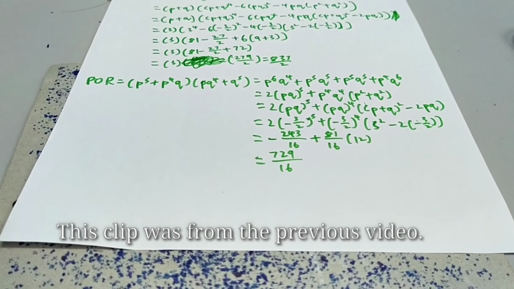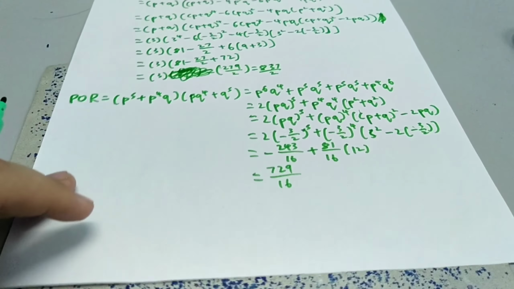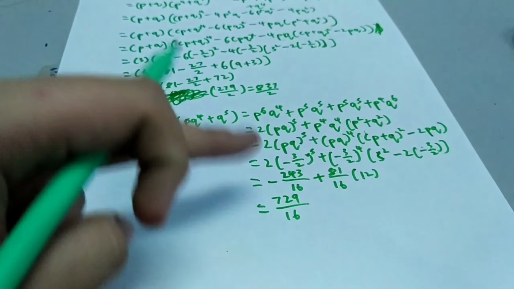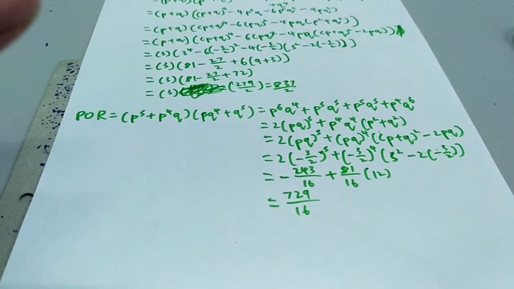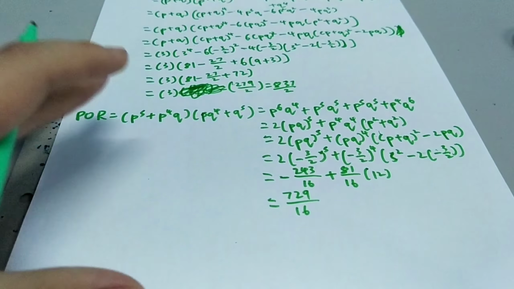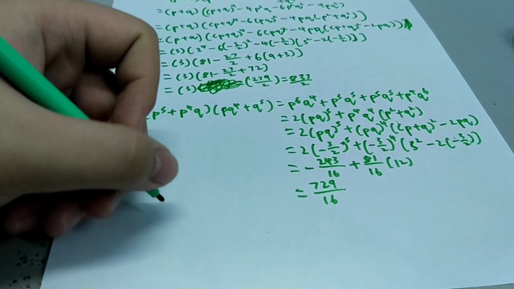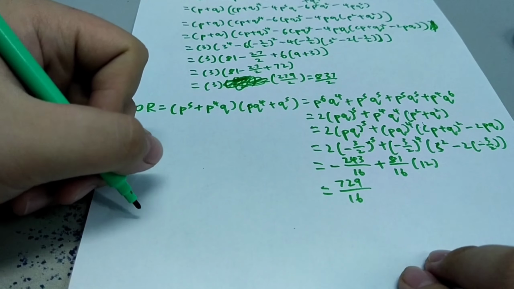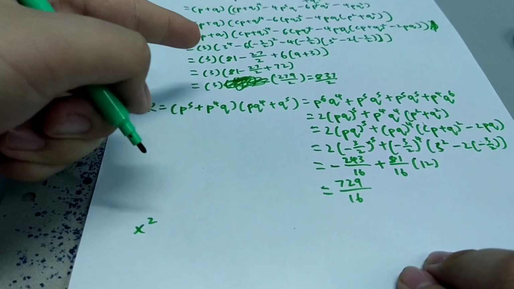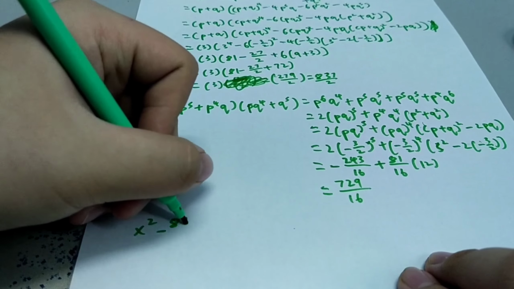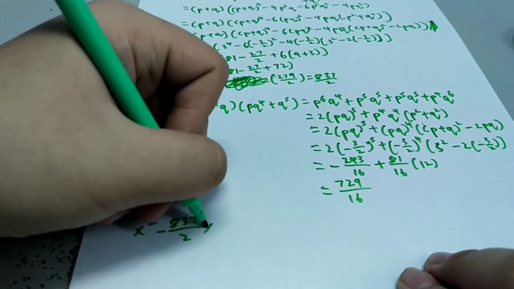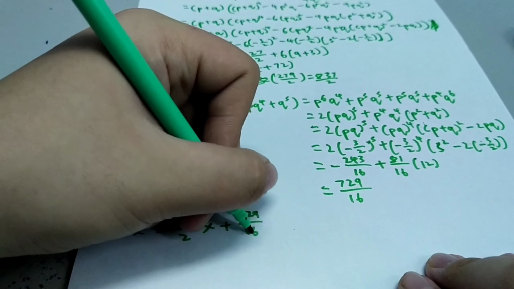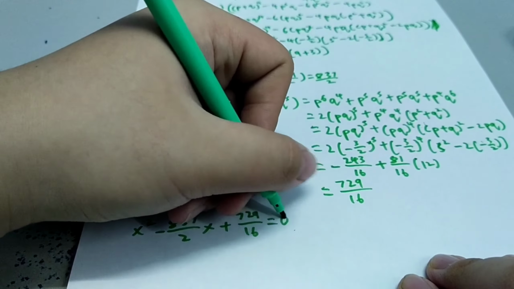So this is the final step. Since we already got the sum of roots and the product of roots of these following roots, we can finally form the quadratic equation. So the quadratic equation is going to be x squared minus 837 over 2 times x plus 729 over 16 is equal to 0.